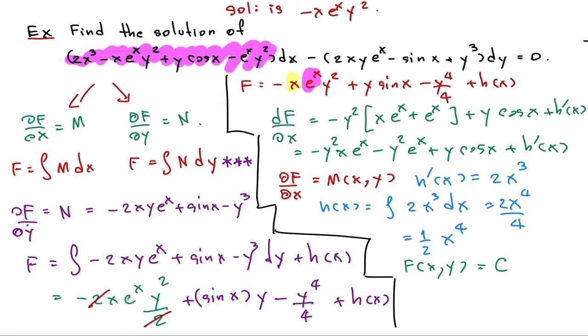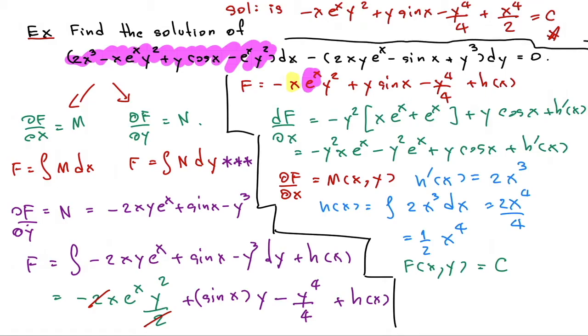Plus y psi x minus y to the power of 4 divided by 4, and then plus x to the power of 4 divided by 2, which is h of x here, equals c. And that is the solution. Make sense? Does it make sense? Okay.